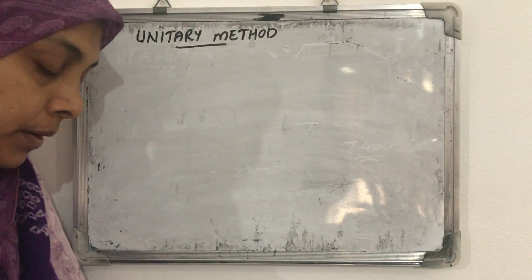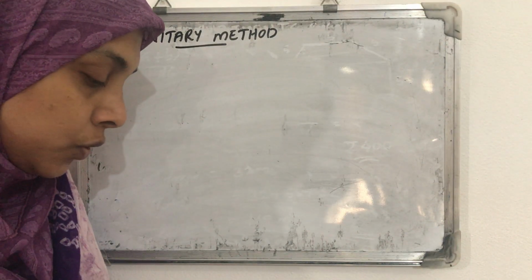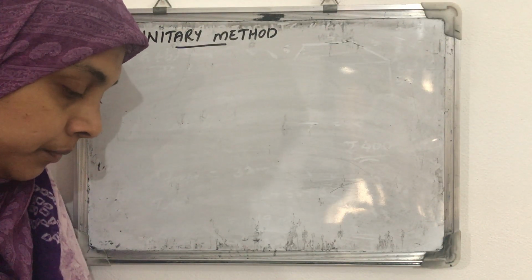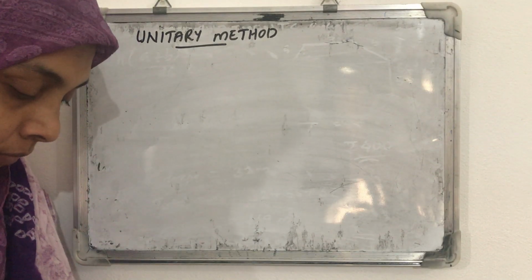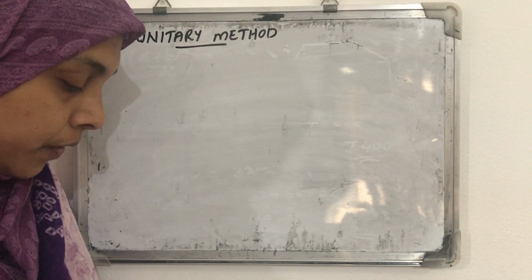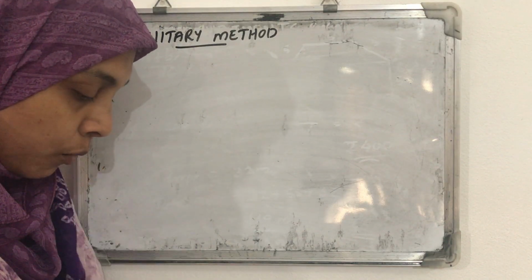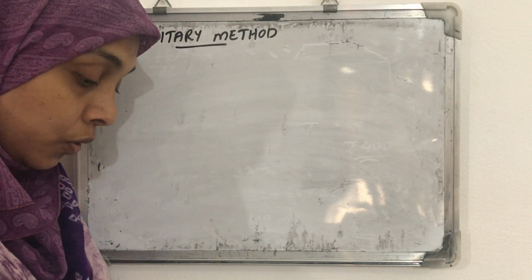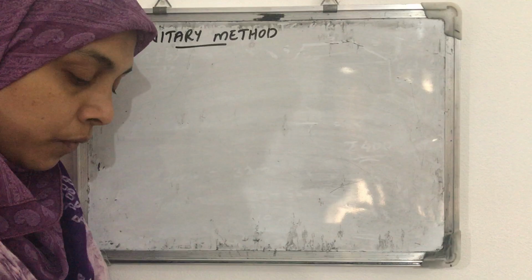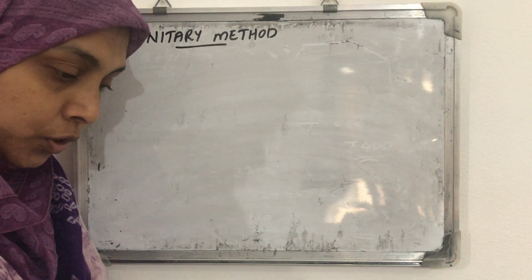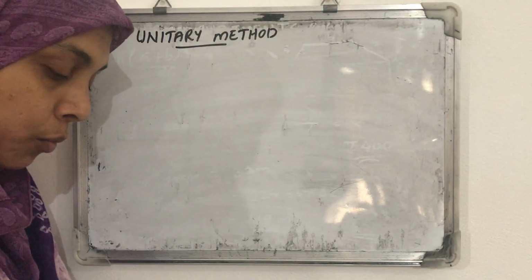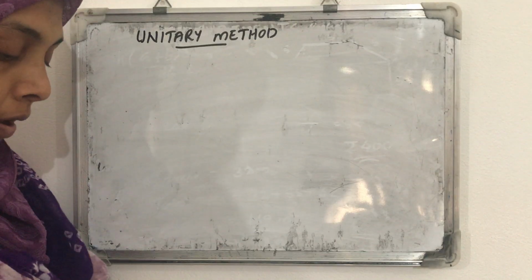Now listen to one question from the exercise. 125 gram of yogurt provides 4.5 gram of protein. How many grams of protein does 100 gram of yogurt provide? That is the question. From 125 gram of yogurt, the protein we get is 4.5 gram.